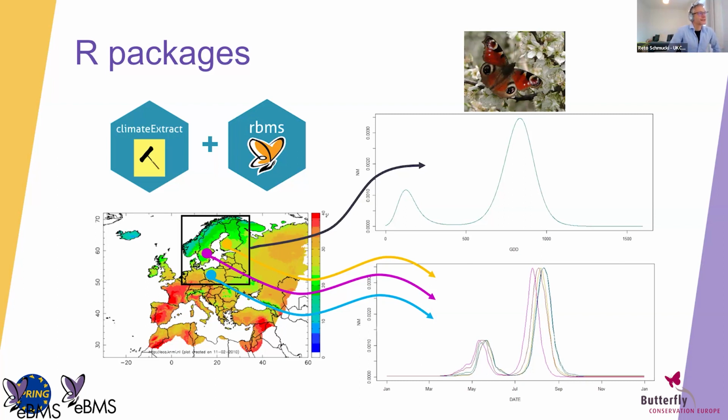So Climate Extract can allow you to get that profile of growing degree day for each of your sites. And with the RBMS, you can adapt it. There's not a function that you press the button that does everything. I don't know if that's a good solution, because with one function it becomes a black box and people are less tempted to actually look at what's going on. But if you're interested, there's a way to do it, and I'm happy to help or inform you about how to do that.